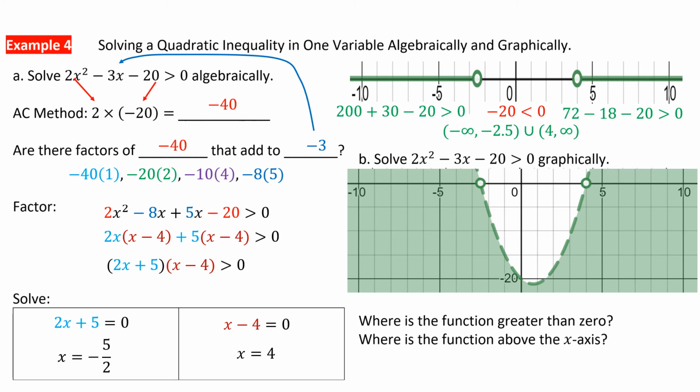It's a dotted parabola because we are having a strict inequality. And if we want things that are greater than 0, then we want the times when the function is above the x-axis. And so although you don't see very much of it, it's all of the values between negative infinity to negative 2.5 and from 4 to infinity.